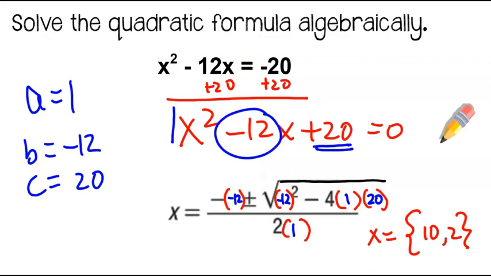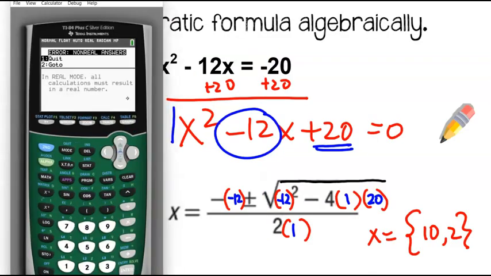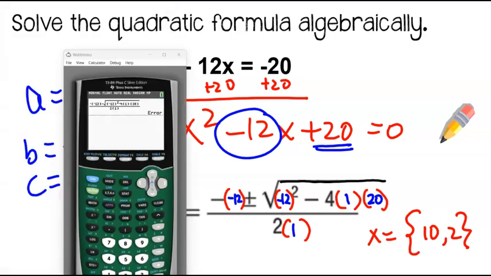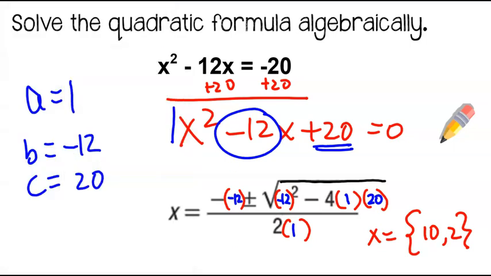But more oftentimes, the reason you get that error message is because you've typed something incorrectly. So if you get non-real answers, check to make sure you didn't put a negative inside the radical, or check that you wrote parentheses. So that is how you use the quadratic formula.